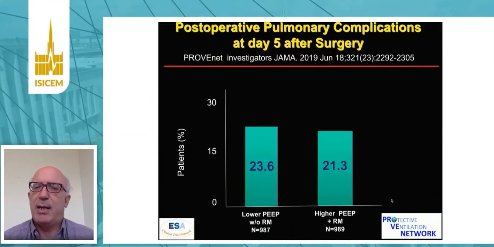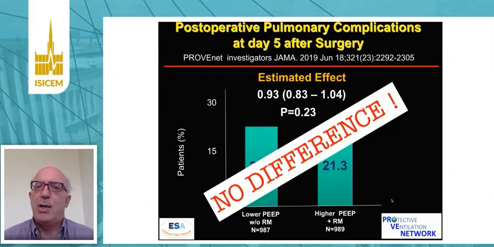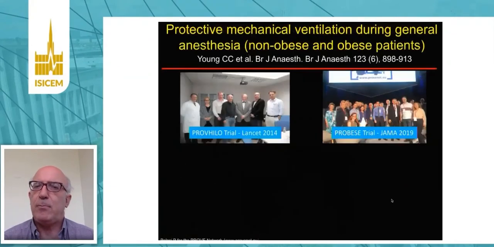Our final results were that, independently from the level of PEEP, we observed the same risk to develop PPC in both groups of patients. So there is absolutely no difference between higher and lower PEEP during surgery and PPC, while the group treated with higher PEEP and recruitment was associated with an increased need of fluids and vasoactive drugs.